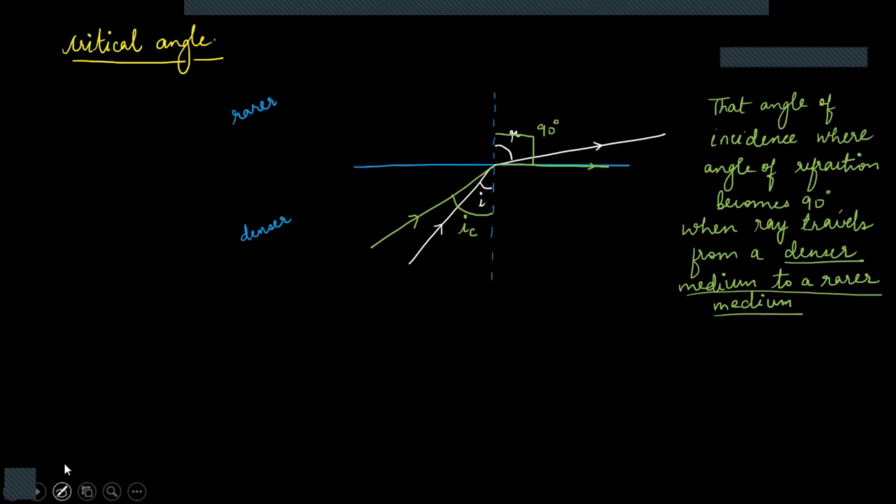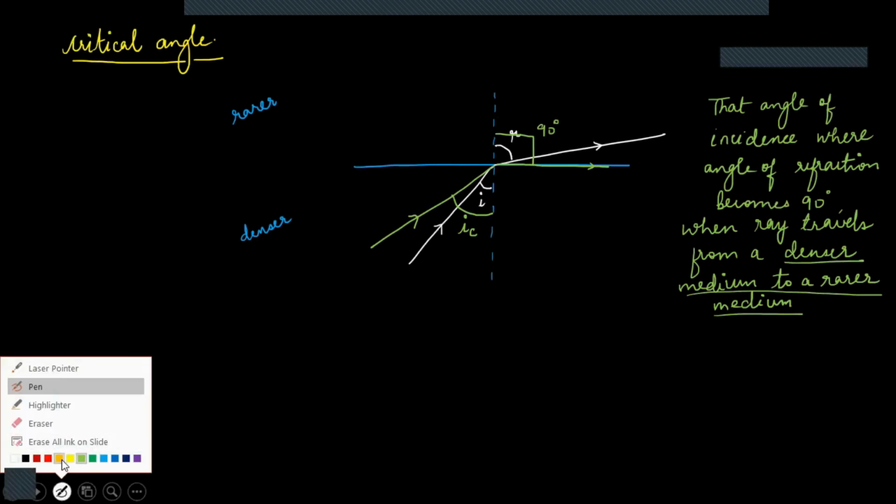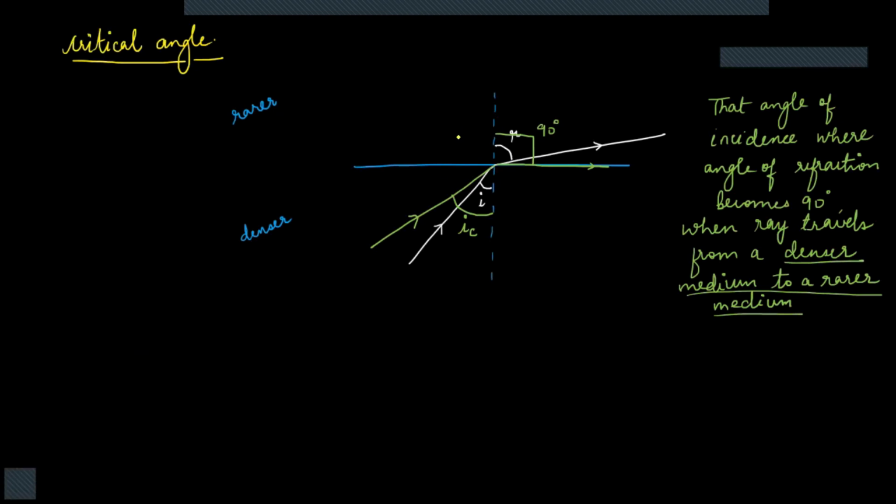Now next point is total internal reflection. How does total internal reflection work? Now let's assume we increase the angle of incidence greater than the critical angle. Now what will happen? The ray coming from the denser medium will again reflect back in the same medium with the same angle of incidence.